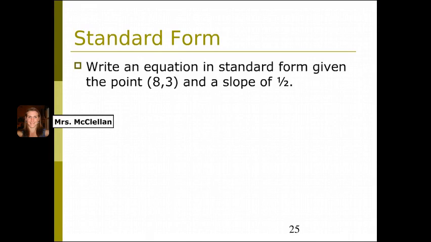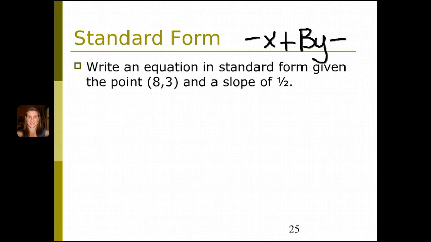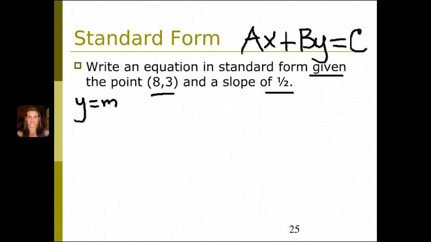Okay, so we're going to standard form. Standard form is ax plus by equals c. And we're doing this when we are given a point and a slope. So recall, the best way to get an equation when you know a point and a slope is by using slope-intercept form, which is y equals mx plus b. So in the point, you're given an x and a y, and your slope is your m.